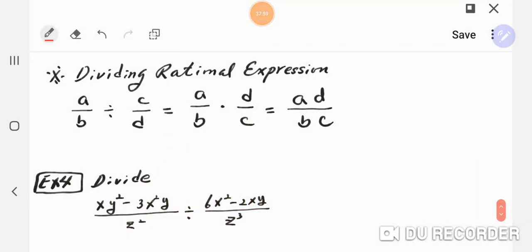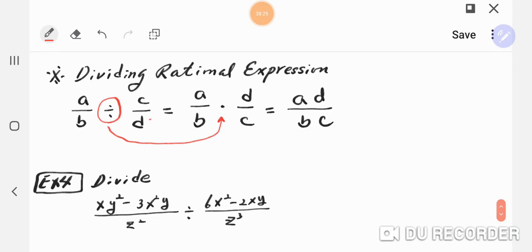Okay, next definition is dividing rational expressions. Rational expressions are fractions, and we already know this part, but let's check. A over b divided by c over d. If you have a division, then you can change it into a product, multiplication.